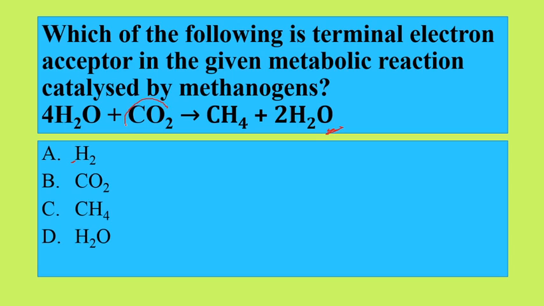So carbon dioxide acts as the terminal electron acceptor, whereas H2 acts as the electron donor. So I will write it over here. This is a donor and this is an acceptor in this reaction. Okay, so you must know both of them. Anyone can be asked. As in here, terminal electron acceptor has been asked, which is the option B, carbon dioxide.